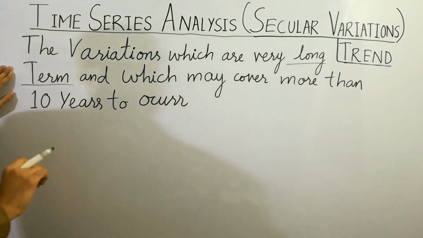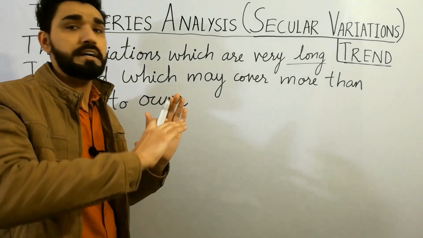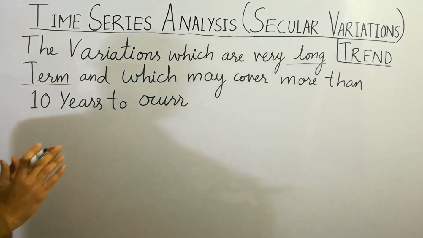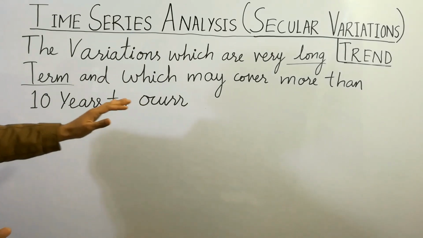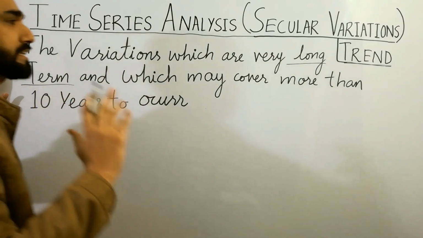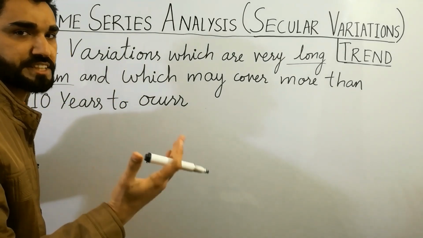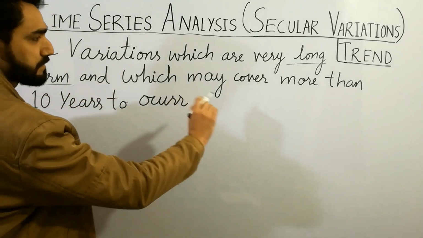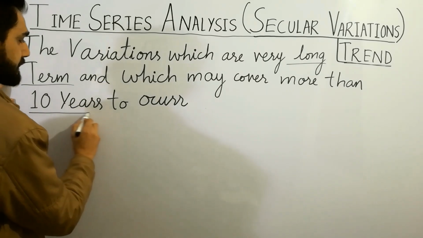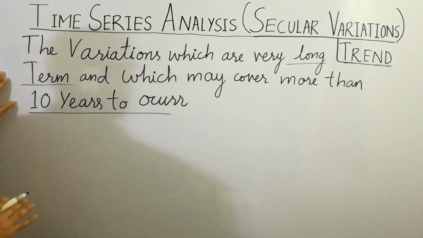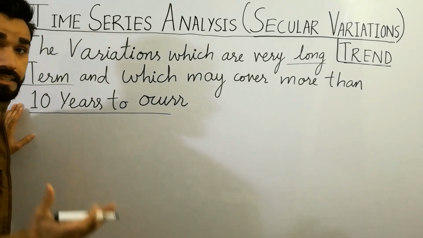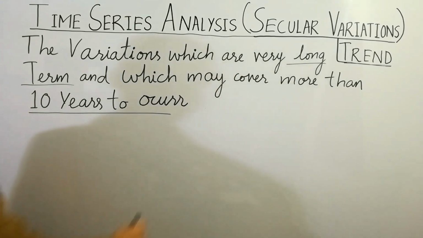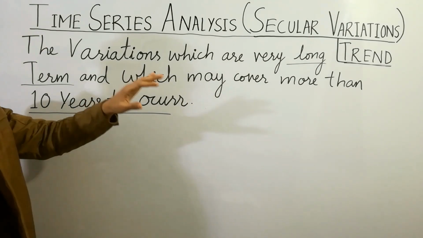You can say that this has a very long term procedure, going back 100 years, in the years of 1700, 1500, and it may cover more than 10 years to occur. That means it can take 100 or 200 years. Must remember, this is the first point about secular variation.